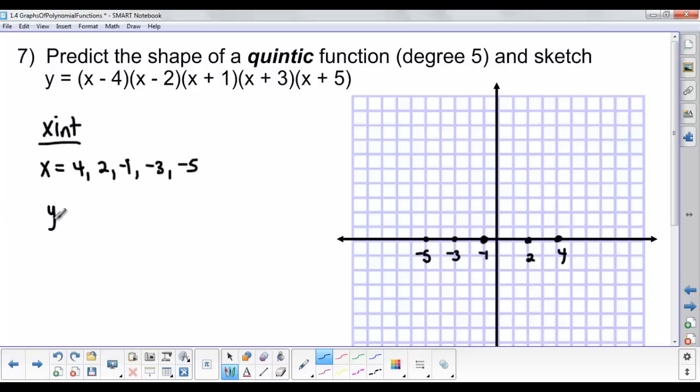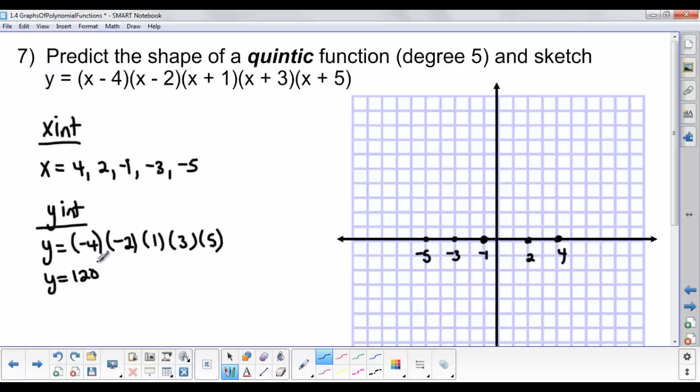And we will determine our y-intercept. So 0 take away 4, 0 take away 2, 0 plus 1, 0 plus 3, and 0 plus 5, giving us a y-intercept of 120. And again, because it's a sketch, just label everything the best you can.